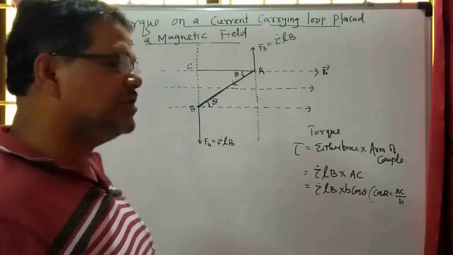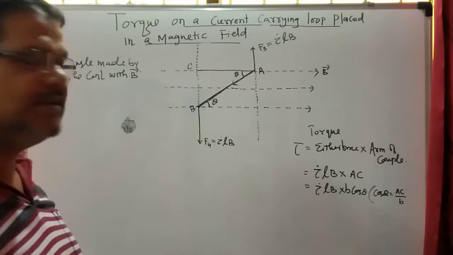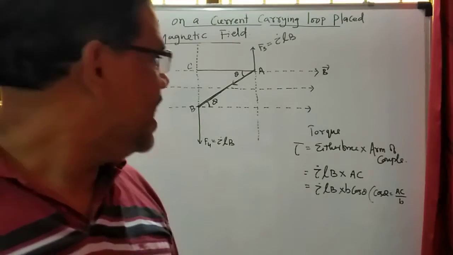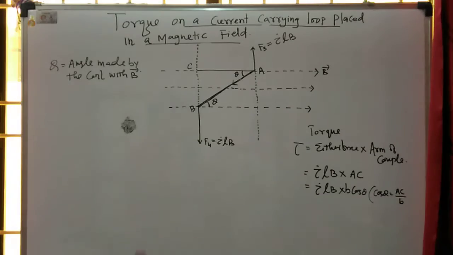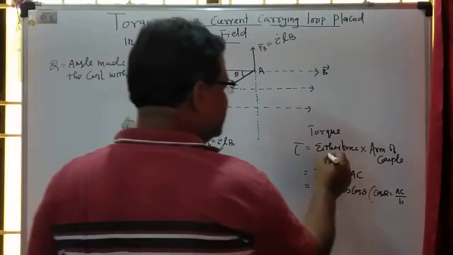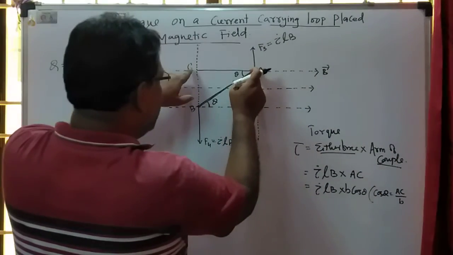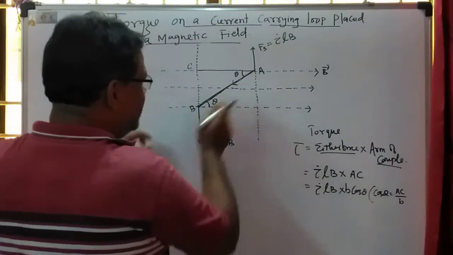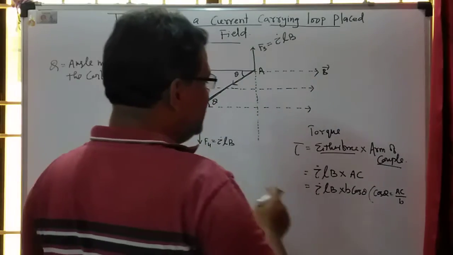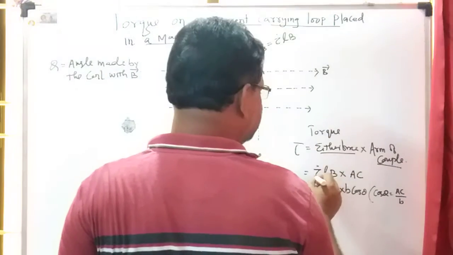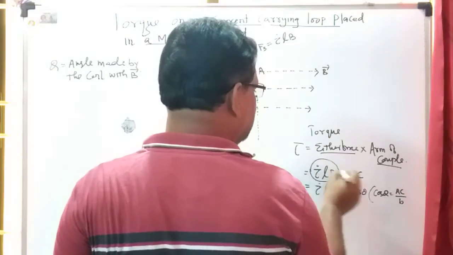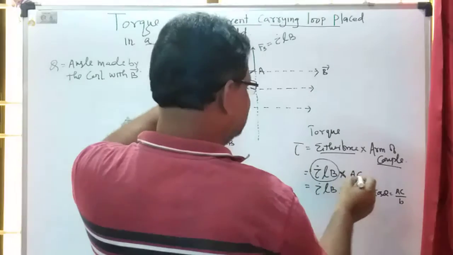So what is the torque? The torque equals either force multiplied by the arm of the couple, or the perpendicular distance between the two lines of action. What is the arm of the couple? AC is the arm of the couple, because it will be rotating in that manner. Either force means ILB, multiplied with AC.